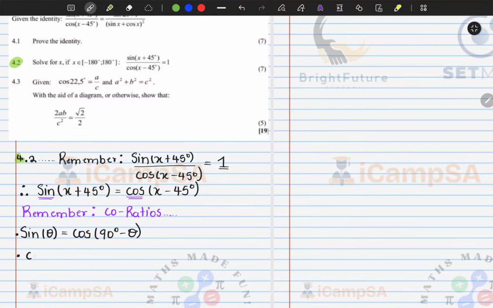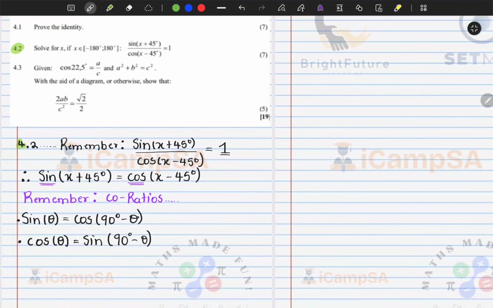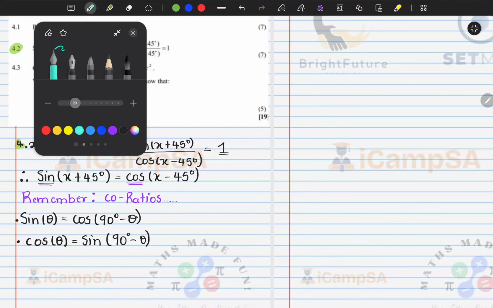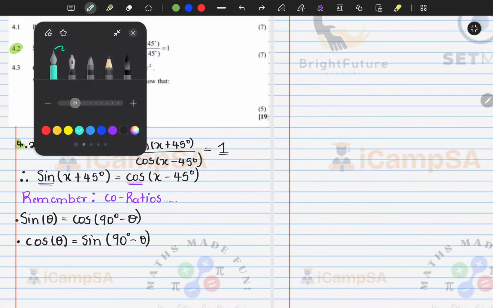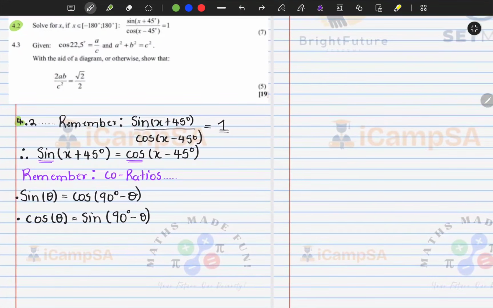Or if you have cos of theta, this will be sine of 90 degrees minus the angle you have on the cos, which is theta. So as long as these two angles add up to 90, these will always be equal. Okay. So what does this mean for us?